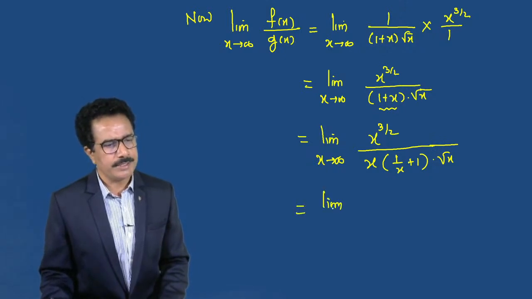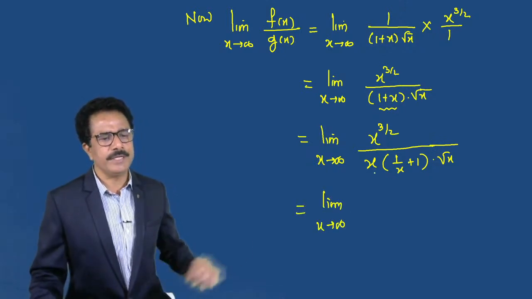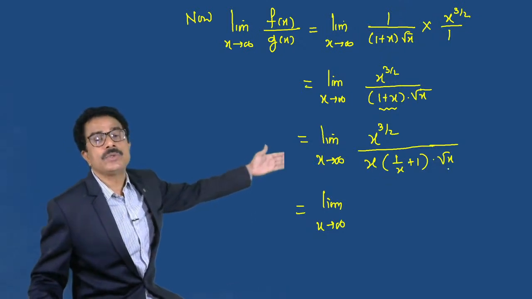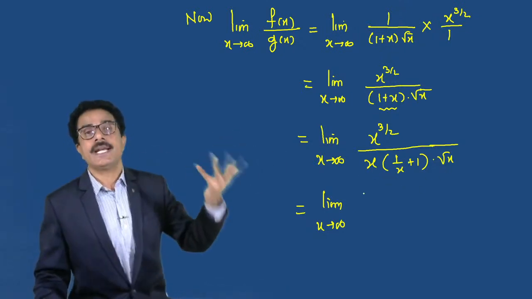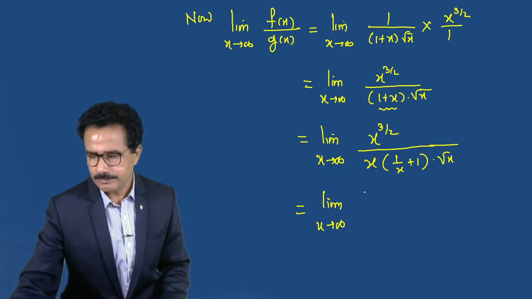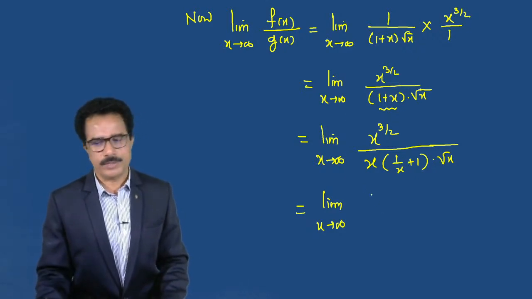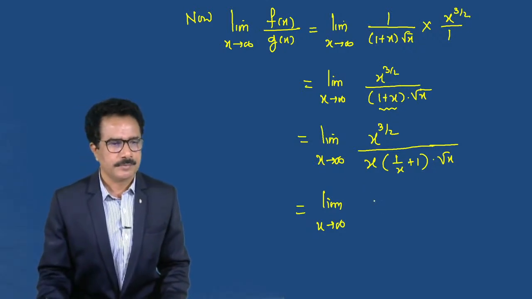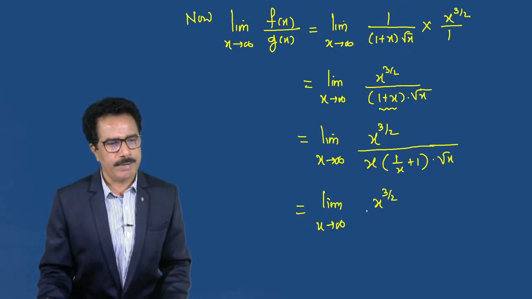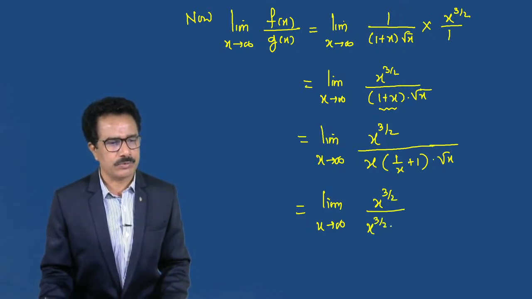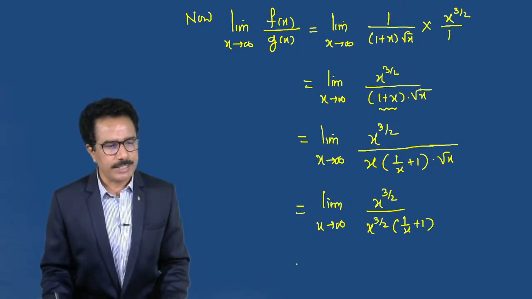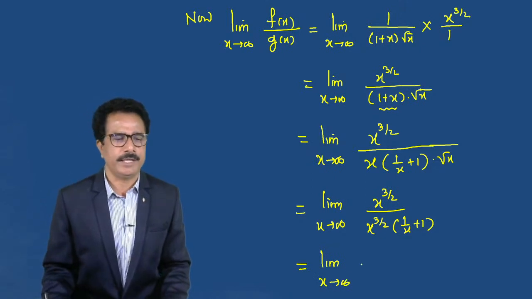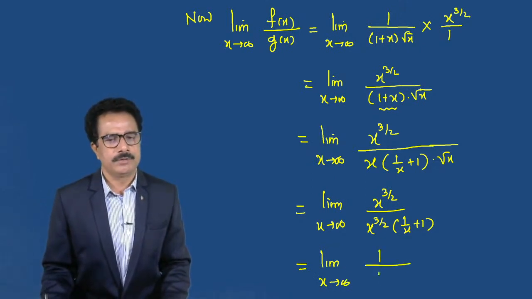Now see this, x into root x we can write as x raised to 3 by 2. So we can write x raised to 3 by 2 upon x raised to 3 by 2 into 1 upon x plus 1. So this gets cancelled. Limit x tends to infinity, 1 upon 1 plus 1 by x.